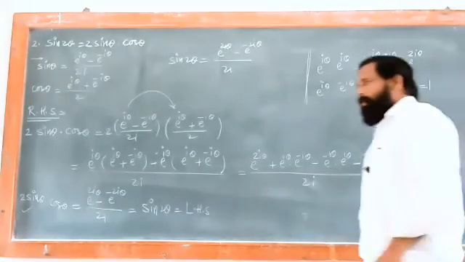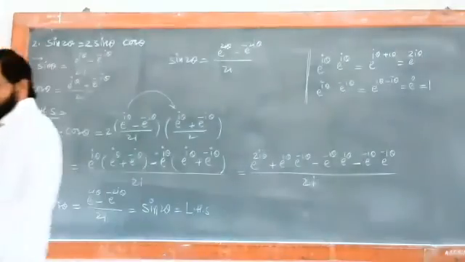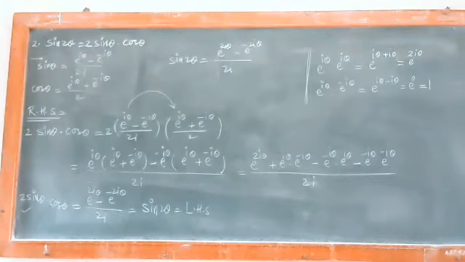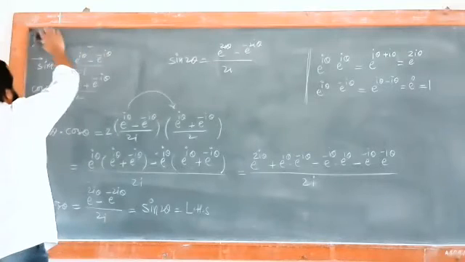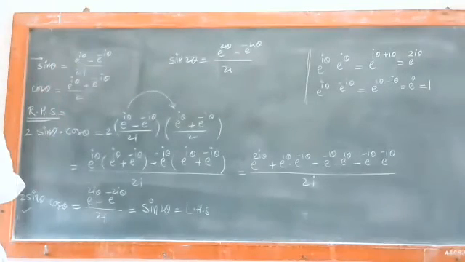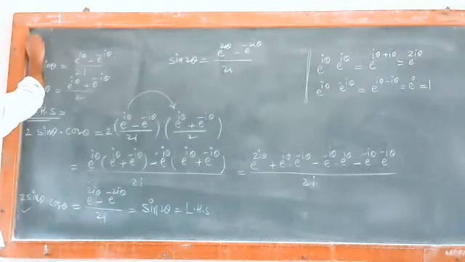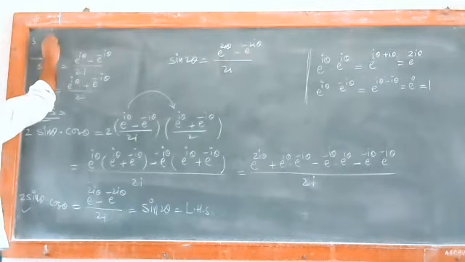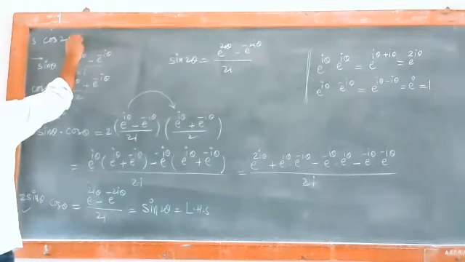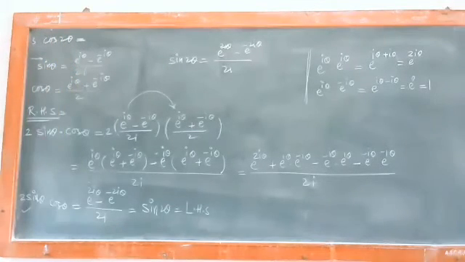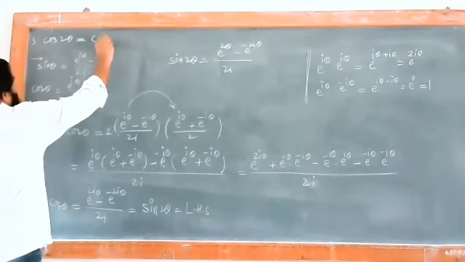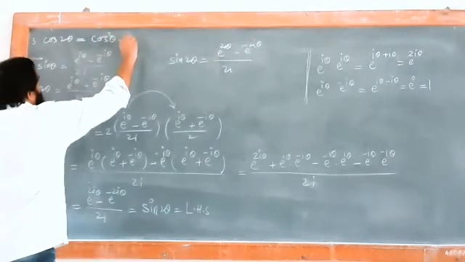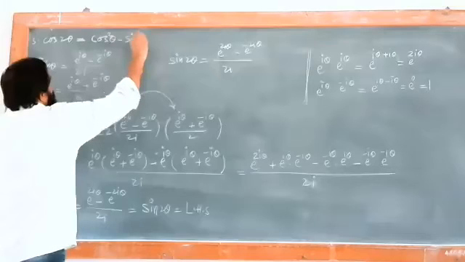Okay. So till that time I'll just write the next one, the third one: cos of 2 theta is equal to cos square theta minus sin square theta. Cos square theta minus sin square theta.